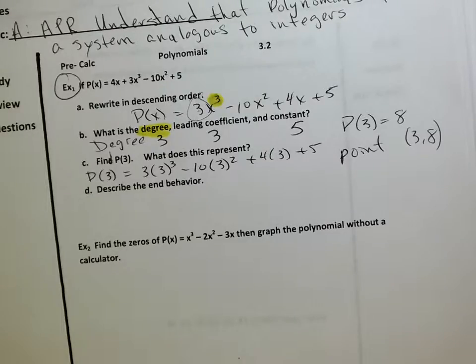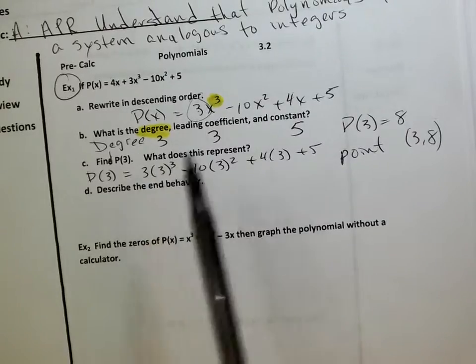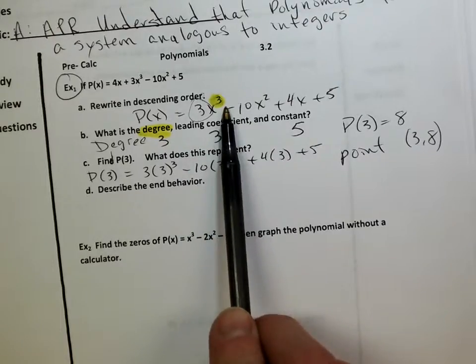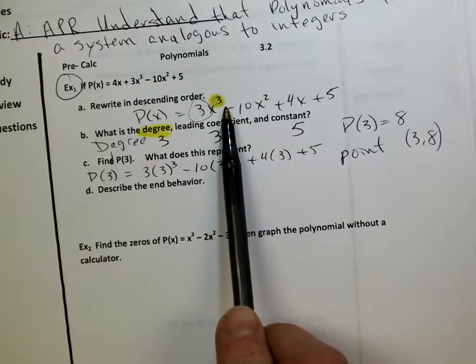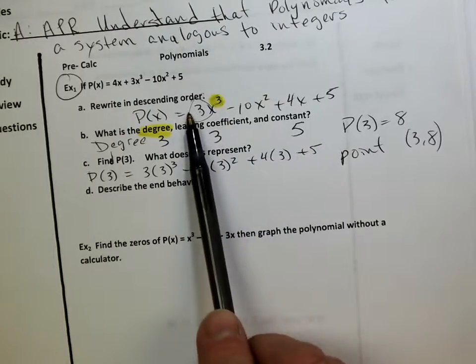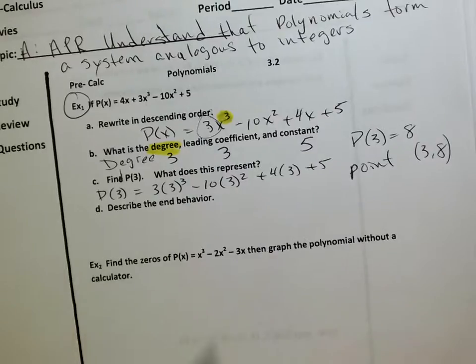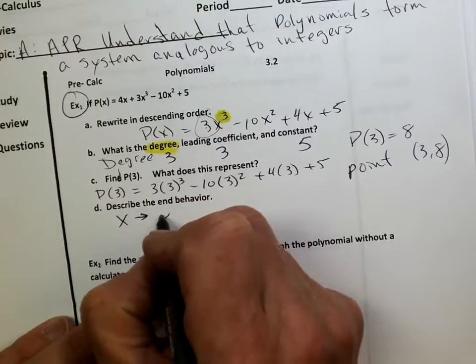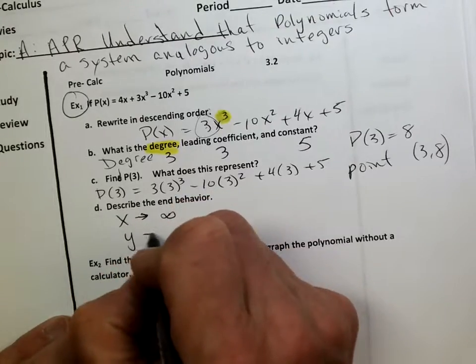End behavior. Well, to know something about end behavior, we could graph it. But we also know this. Because it's a positive 3x cubed, it's going to finish up. If this were negative, it would finish down, right? We know that as x approaches infinity, y goes to infinity.